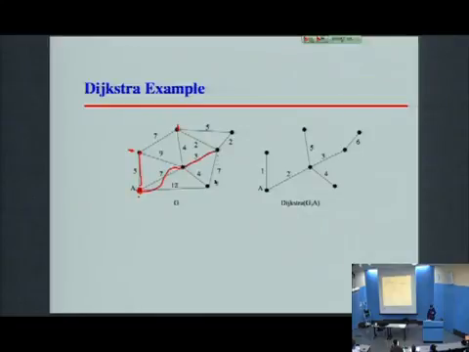I have a new way of getting here at a cost of 17, but that's not so good because I can get to here at a cost of 11. I claim I can either get here at a cost of 11 or there at a cost of 11. And without loss of generality, I'm going to pick, just because I feel like it, this one. And now I know the cost of getting here.